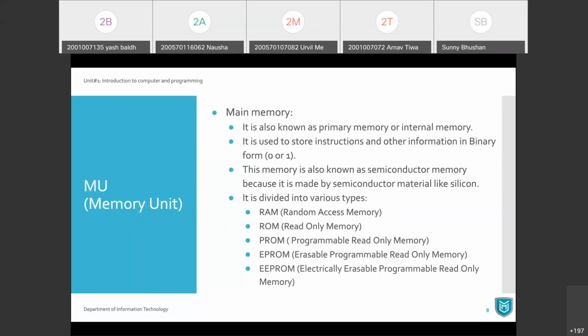So using semiconductor material, these memories are built, and those require continuous power to store data, otherwise the data is wiped out. That's the semiconductor behavior. So that's what the memory is.